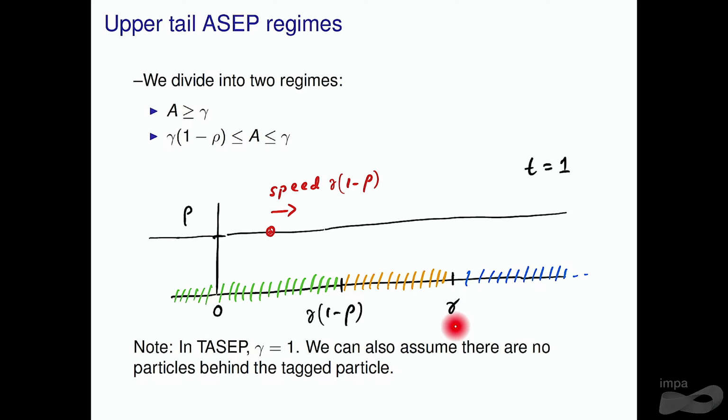One beyond gamma. Gamma, remember, is the typical velocity of a single random walk, and this is the scaled mean velocity. I may actually do the argument for TASEP so as to conserve some parameters. In TASEP, as I mentioned, we don't really care about the particles behind zero, so I can just remove them if necessary.